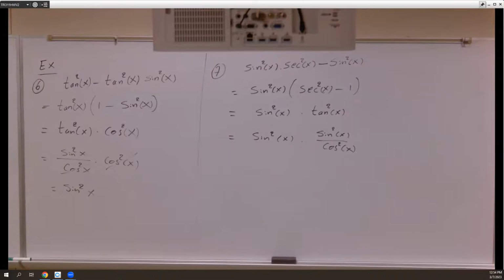What are we going to do? Tangent square x. We can't. I think that's it. Can you simplify it?